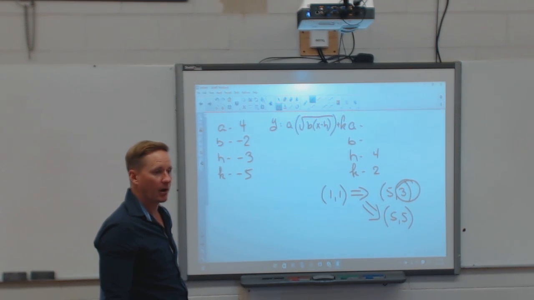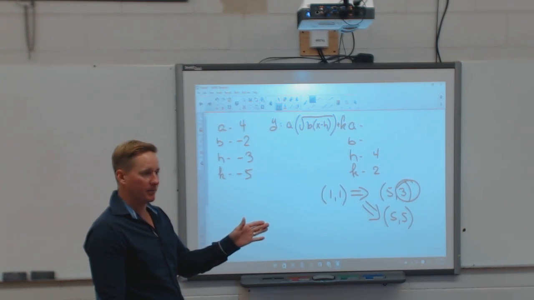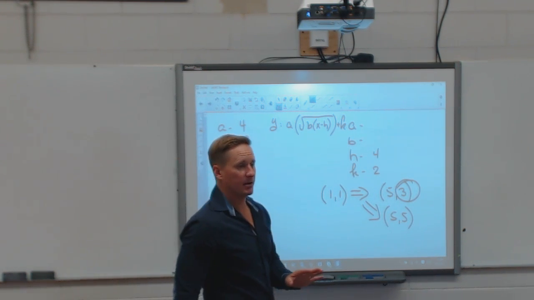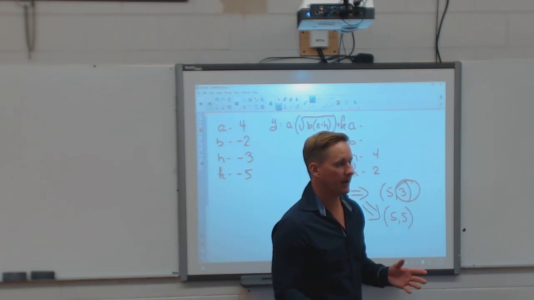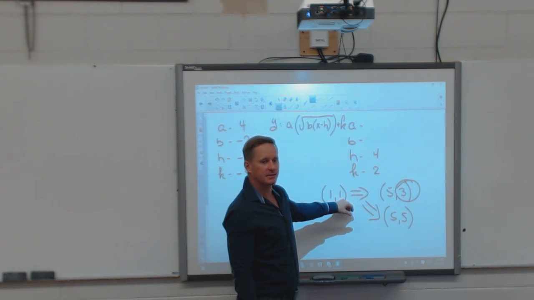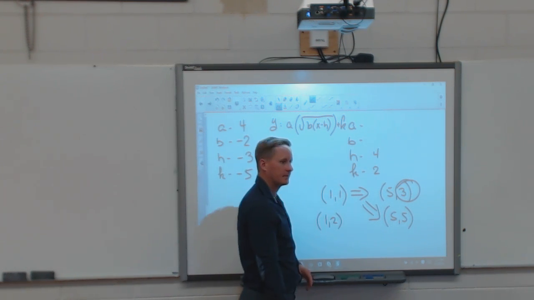Okay, so this is the hard part. Now you've got to think about this. I have to do something to it by multiplying by it and then moving it. So I'm going to guess right here. I'm going to multiply this guy by 2. If I times this guy by 2, my y value becomes 1 and 2, correct?